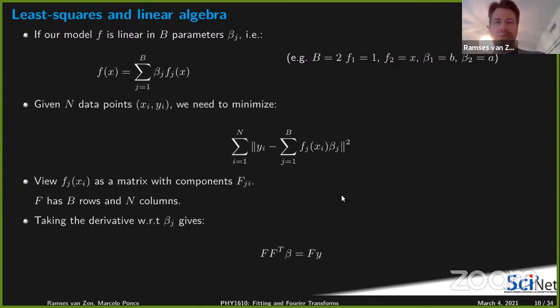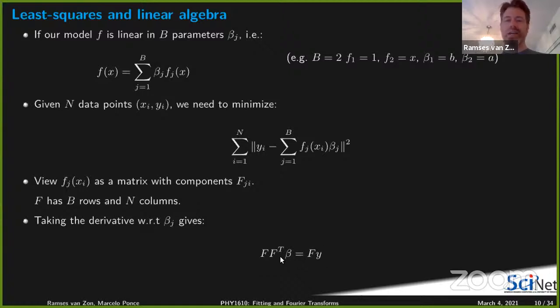So it's y1, y2, y3, etc. until yn. That's that vector. And I act on that vector with F. So this is a matrix vector multiply, which will give me a new vector of b elements. So this is b times n, y is n, so this is a vector of size b.